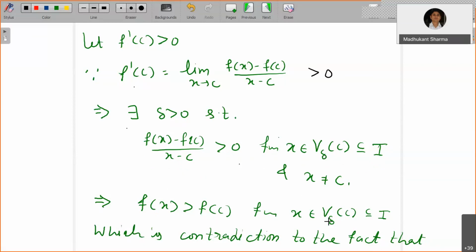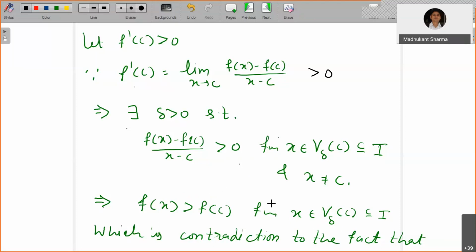which is a contradiction to the fact that f of c is a relative maximum, because you are able to identify a neighborhood where f of c is less than f of x. Whatever neighborhood of c you take, this neighborhood will certainly include points of the other neighborhoods as well.